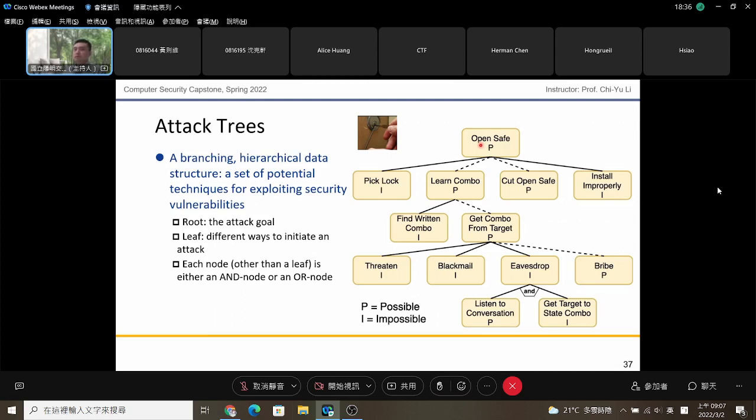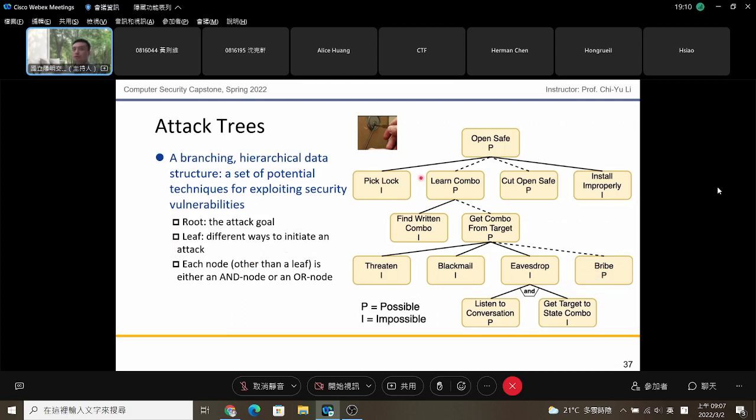A safe is a facility or box to store some valuable things or cash. The leaves represent different ways to initiate an attack, for example, threaten or blackmail.